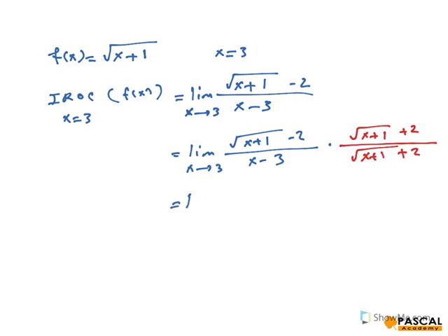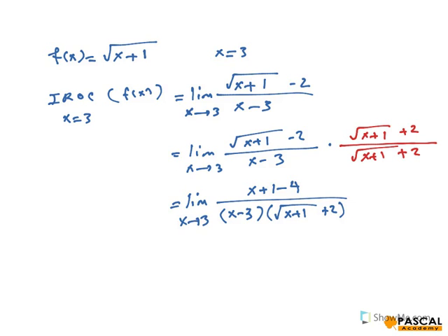Therefore, the instantaneous rate of change is the limit of ((x + 1) - 4) over (x - 3) times the conjugate. The fraction can be reduced, as x - 3 and x - 3 cross out.